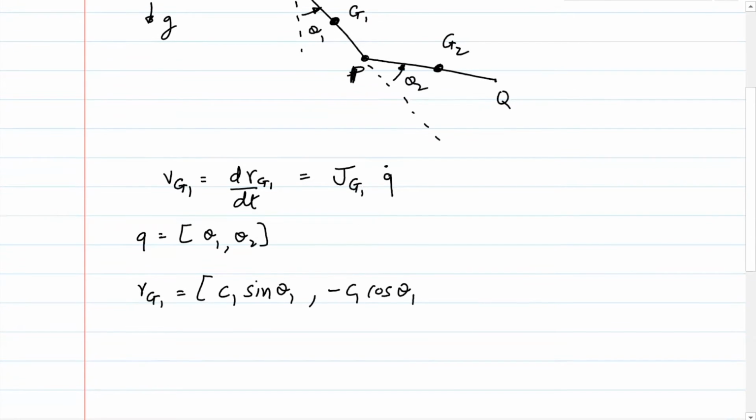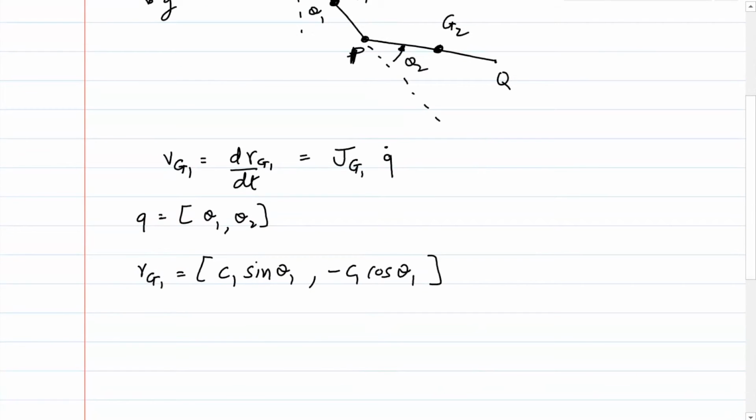Okay, so that's negative C1 cosine theta 1. Okay, with that, let's find the derivative.